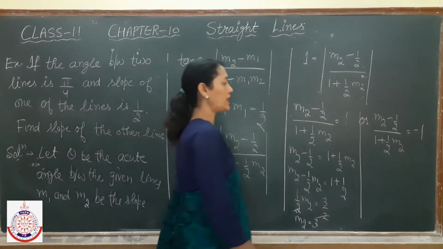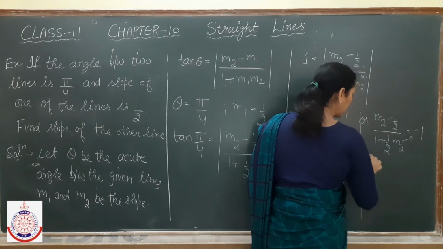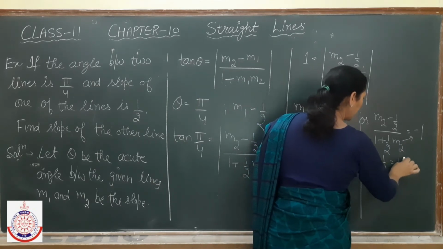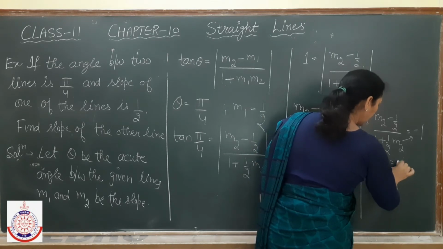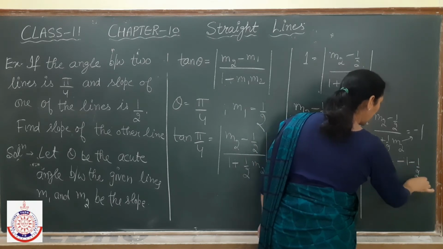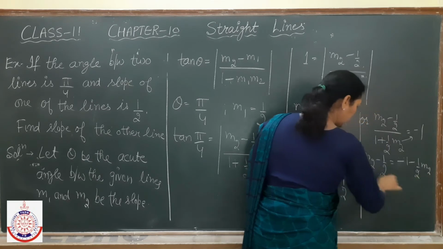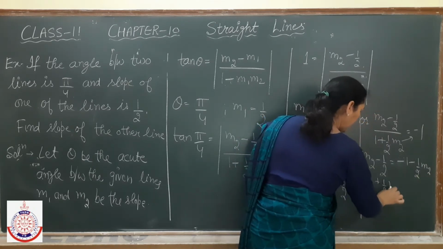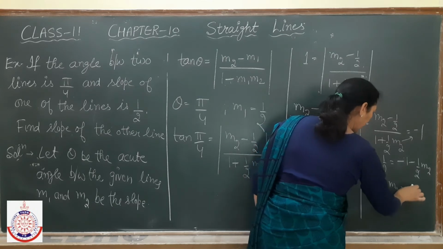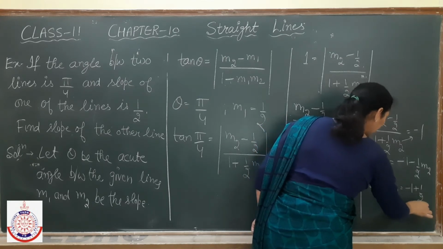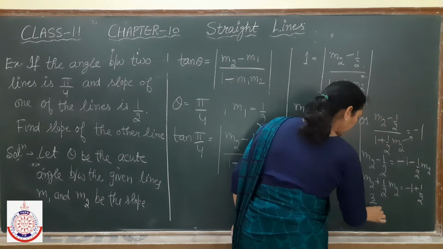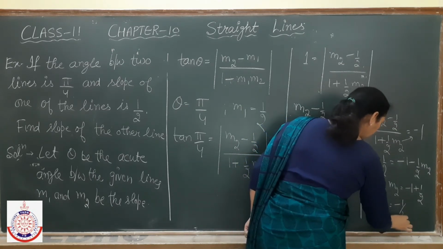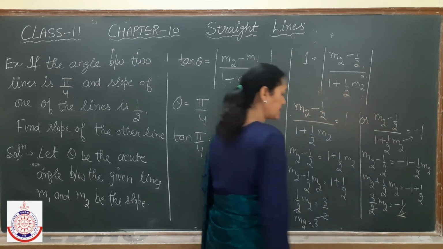If we solve this part, cross multiplication, m2 minus half is equal to minus 1 minus half m2. Interchanging the position, m2 plus half m2 equals minus 1 plus half. So we will be obtaining 3 by 2 m2 and here minus half. 2 and 2 got cancelled.